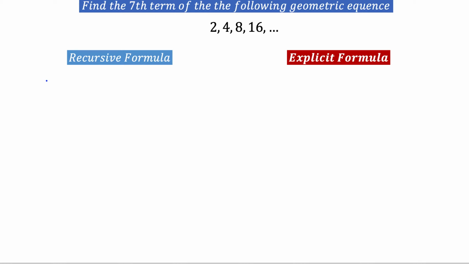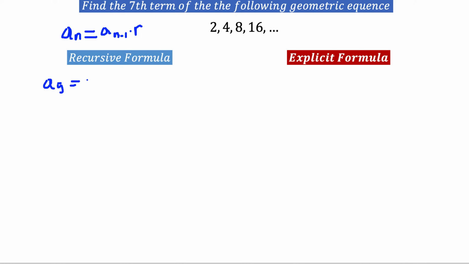Let me write the recursive formula here, even though we mentioned it: a_n is equal to the previous term, a_(n-1), times the common ratio r.